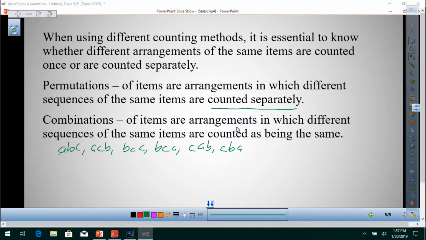And that's what we found, 6. So that's permutations: menu, 5, 2 in your calculator.